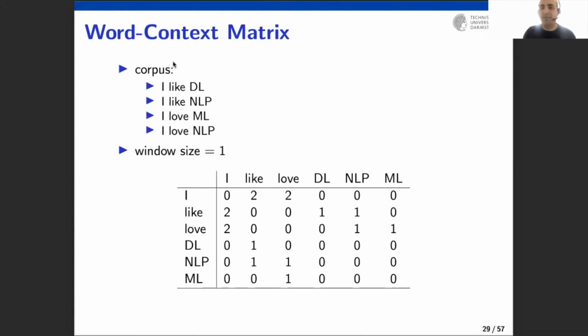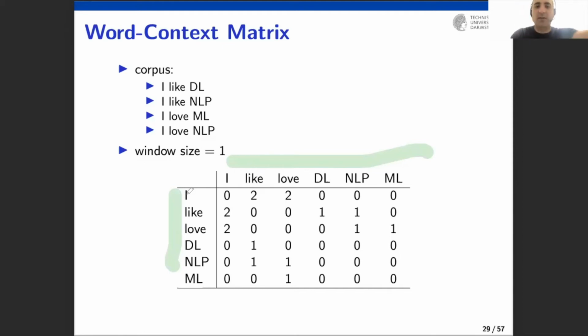Then we define a matrix where rows are words and columns are contexts, and each entry shows how often a word occurs in the context of the word that we see in the column.